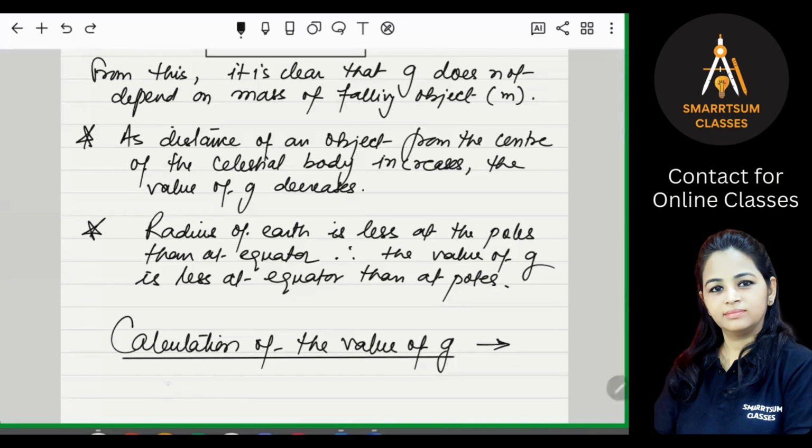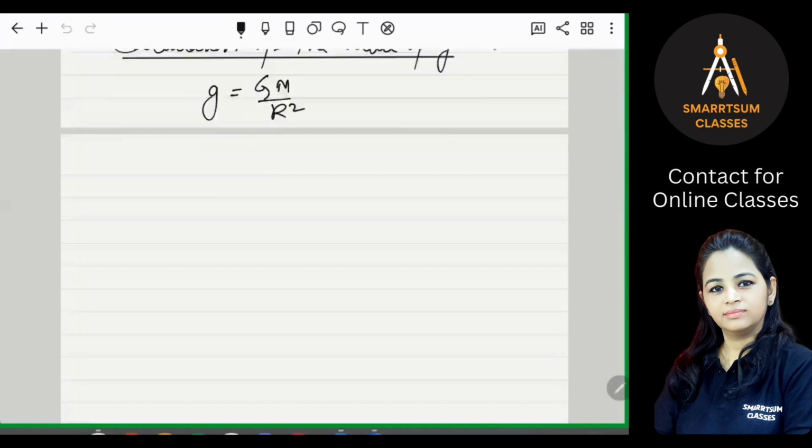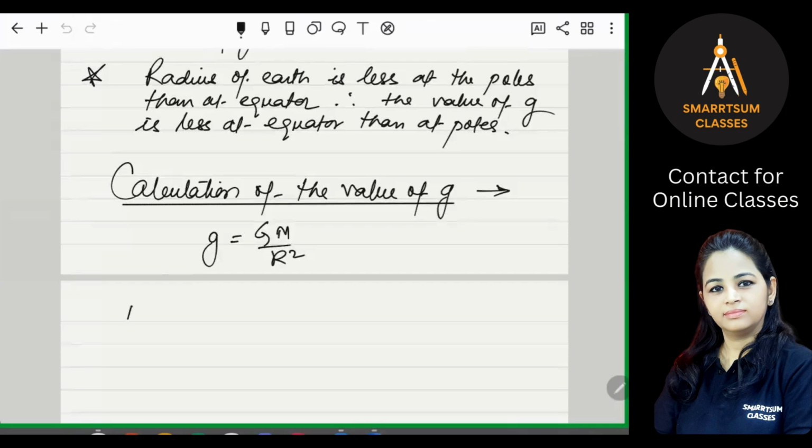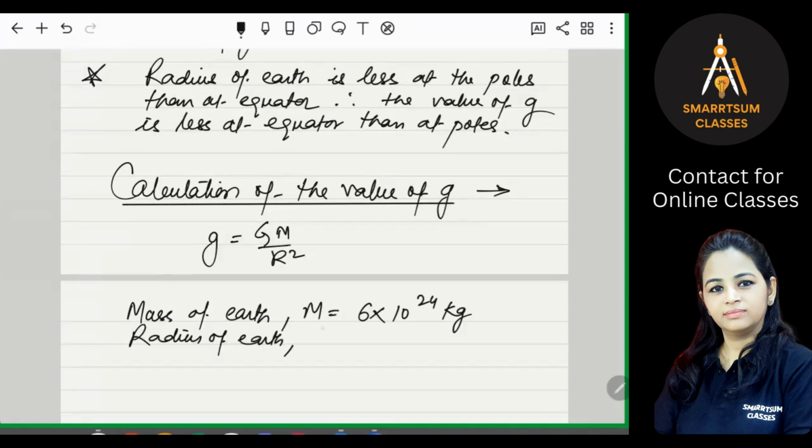Now, g is equal to GM upon R square. We have already seen this. Now, as we know that mass of Earth, that is M, is 6 into 10 to the power 24 kg. Radius of Earth, that is R, is 6.4 into 10 to the power 6 meters.